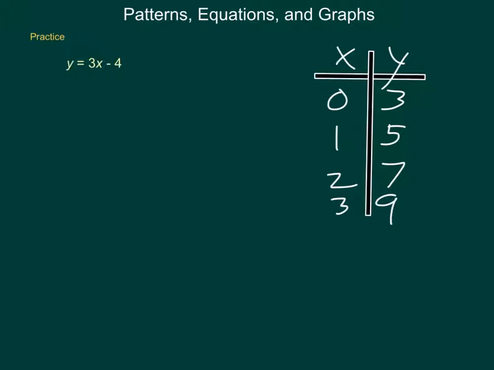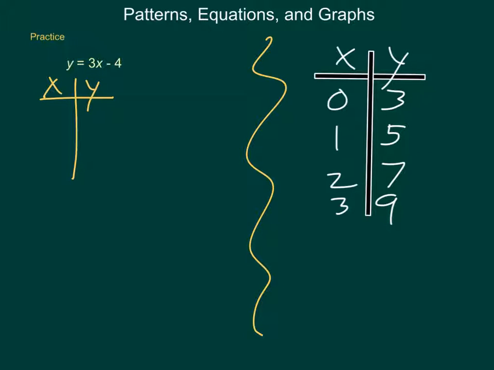So I have an equation here: y equals 3x minus 4. What could we do with this? Well, we have our equation. Let's take a look at what a table would be like. So x and y, 0, 1, 2, and 3 are my values. Substituting them in, 3 times 0 is 0, minus 4 is negative 4.